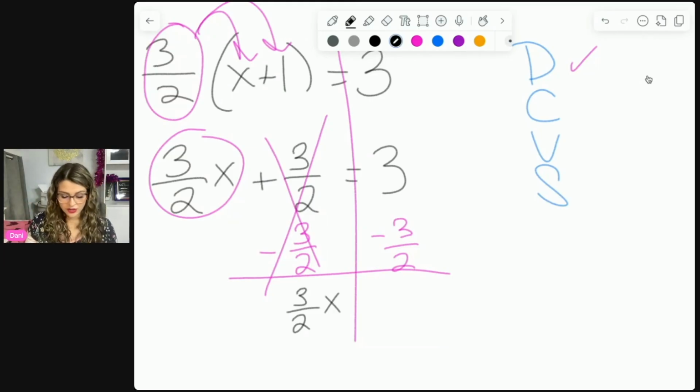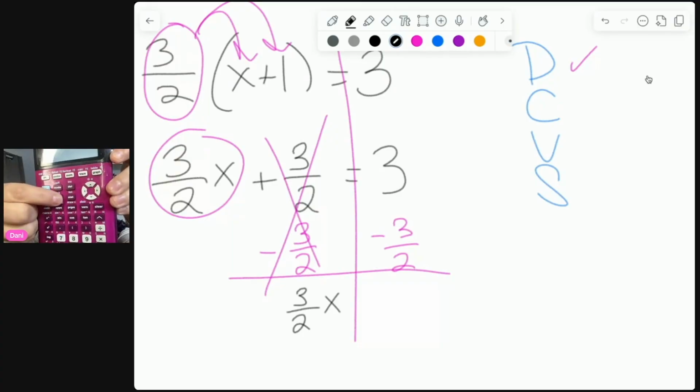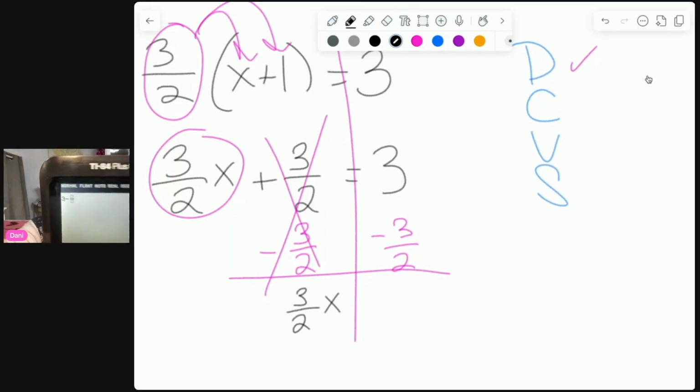Okay. So in the calculator, I'm going to type this in as 3 minus 3/2. Now, depending on what calculator you have, if you have the same calculator I have, if you do alpha and the little button next to it, you'll actually get a fraction there.